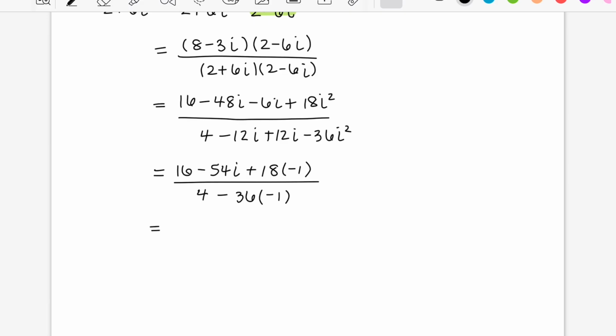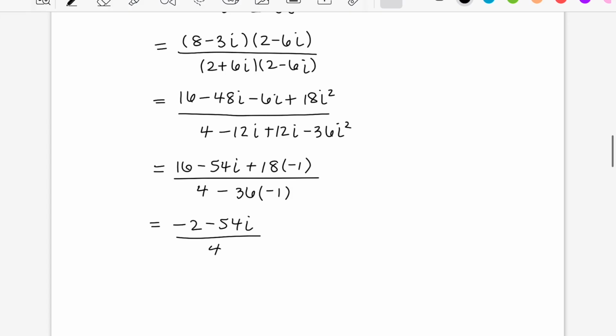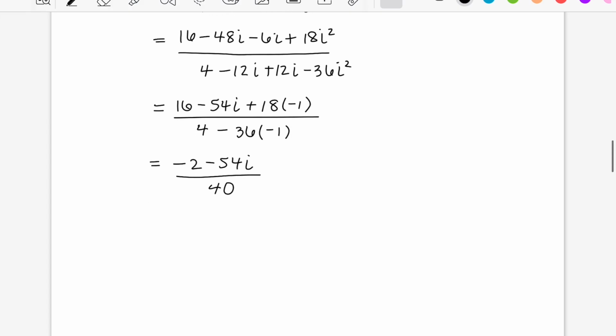So in the numerator, we're going to get 16 minus 18. So we'll get negative 2 minus 54i. And in the denominator, we get 4 plus 36. So we'll get 40. So this is equal to negative 2 over 40 minus 54i over 40.